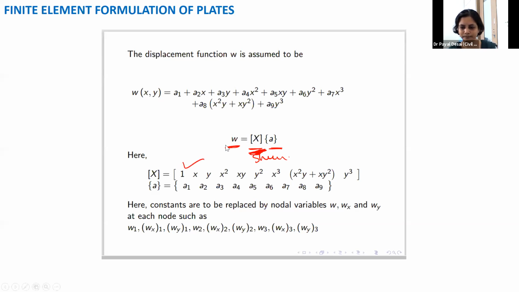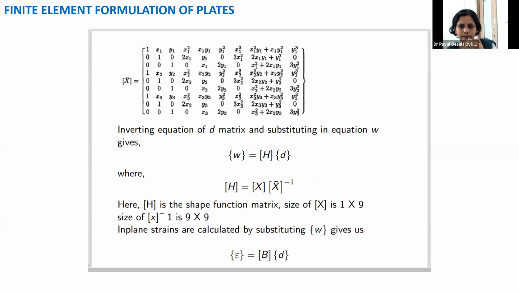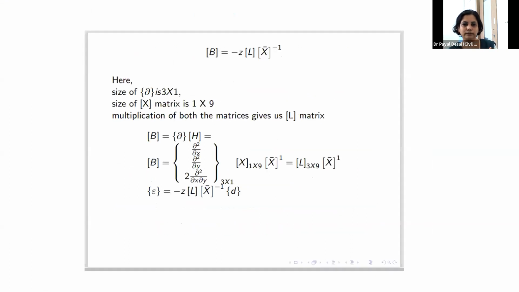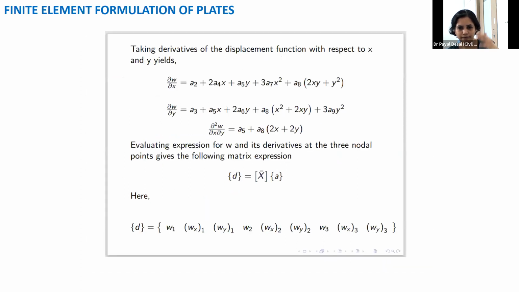And then the usual way, now we have seen the strain relation, del W by del X, del W by del Y. You may find out the rotations and you get your B matrix from this. So once you get your B matrix, that is finite element terminology, this is about FEM formulation.